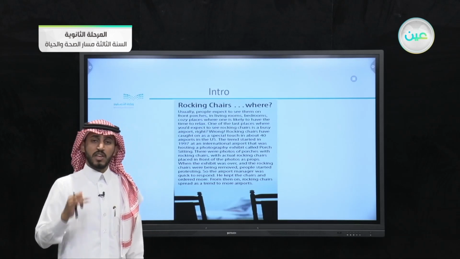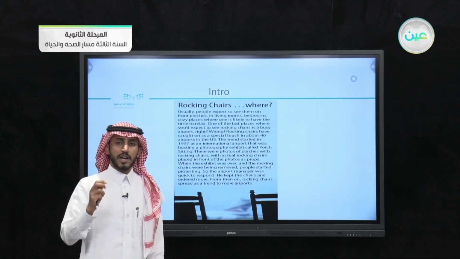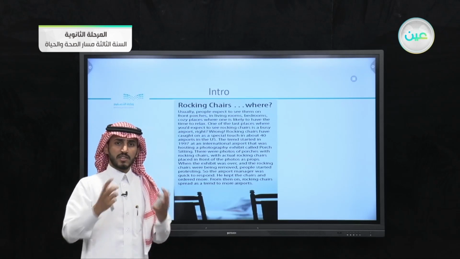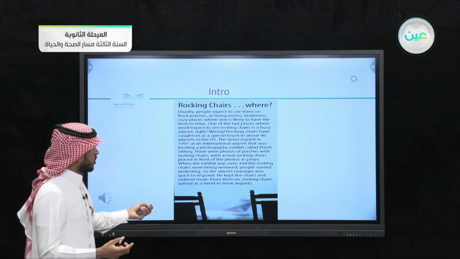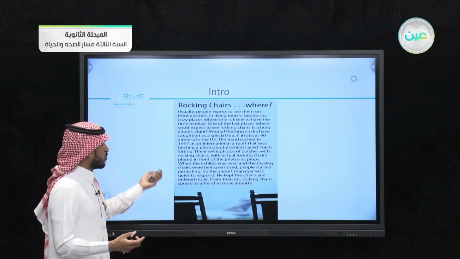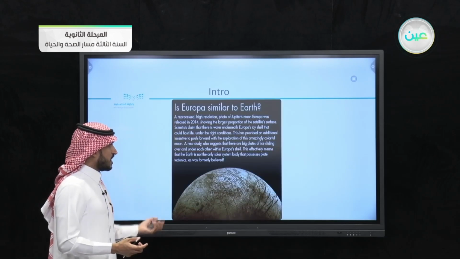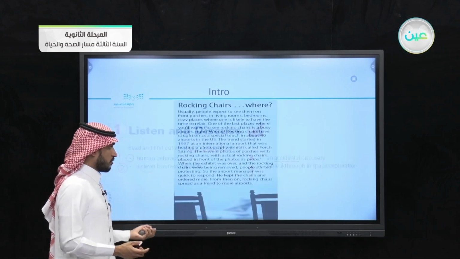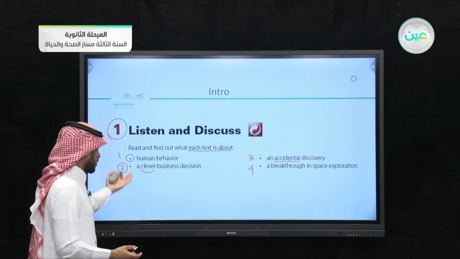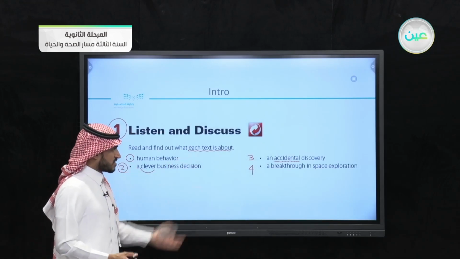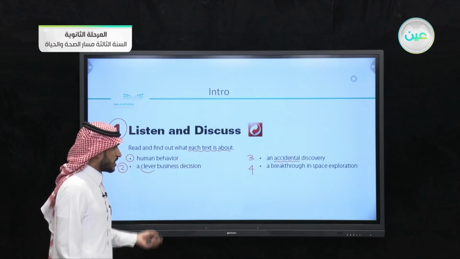This is the first point. The second point: try to get to which category each paragraph belongs. We have 4 categories: human behavior, clever business decision, accidental discovery, breakthrough in space exploration.